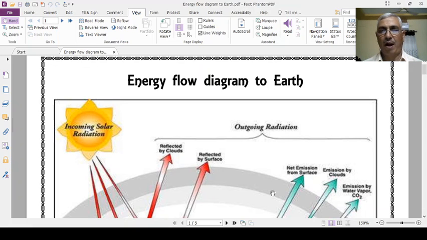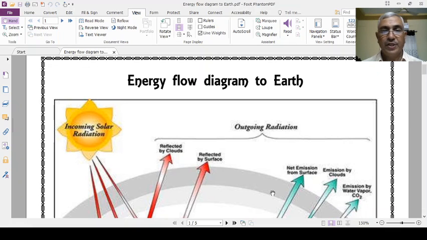Earth and its components, that is its nature, its atmosphere, and each and every constituent part of the earth is energized by the radiation received from the sun. Therefore, the sun is the source of the energy for the earth.